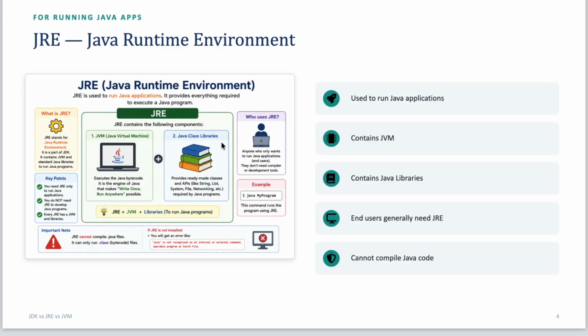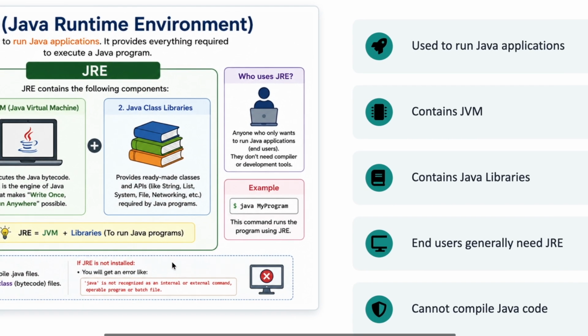He doesn't need JDK, he doesn't need the compiler. The compiler has already run; you are giving the already compiled code to your user. Now what will the client do? He just needs JRE on his system, and with the help of the Java Runtime Environment, he will run your Java application. If JRE is not installed, it will give the error that Java is not recognized as an internal or external command.